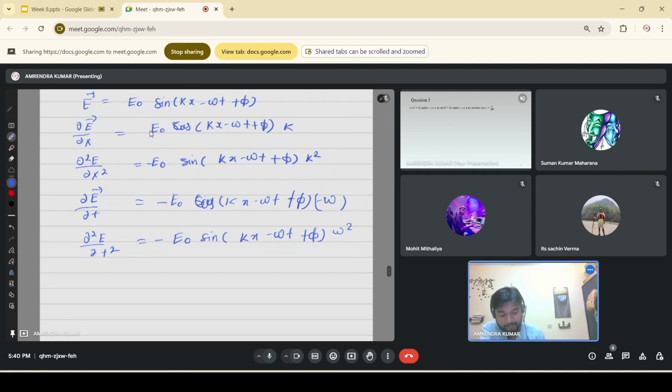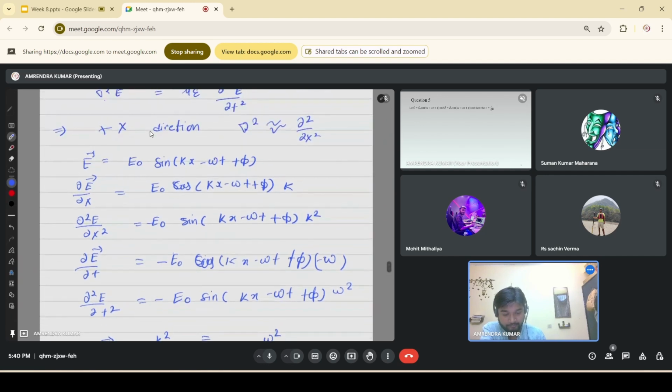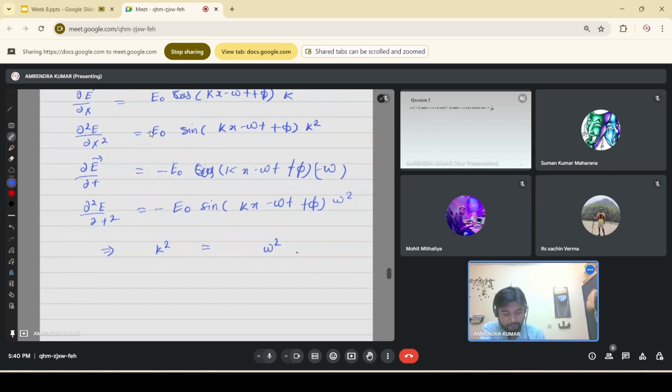Now once you put all this together, E naught will cancel out from both sides. You will have k square equal to omega square mu epsilon, so mu epsilon will be k square over omega square.